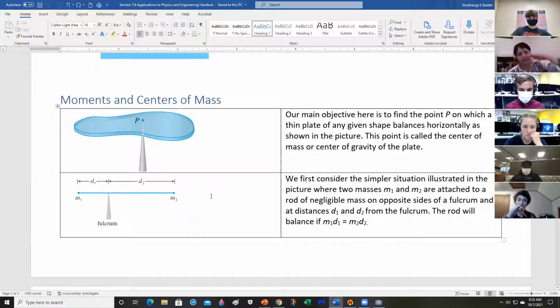Like if you were to take paper or even a pencil, basketball, whatever, you can balance it on your finger, right? How do you figure out where that point is? That's called the centroid. And sometimes the centroid is not even in the shape, it's on the outside of the shape. But that's the next part. So we will do hydrostatic pressure and moments next class period. If you want to read ahead, you can, you don't have to.